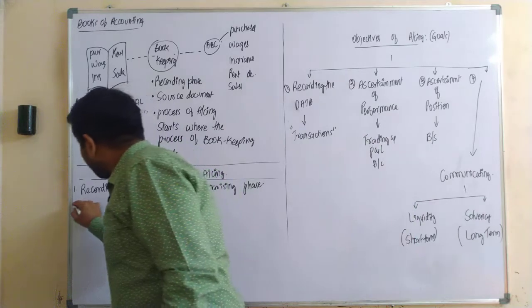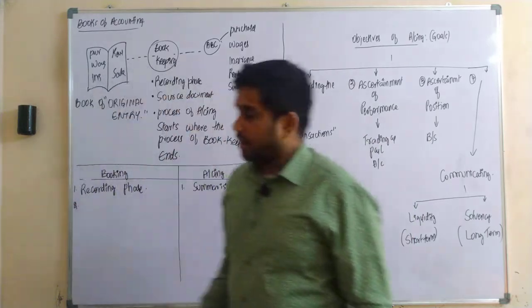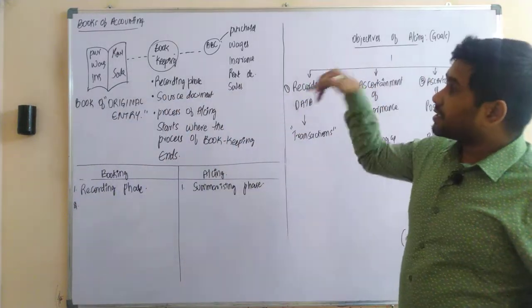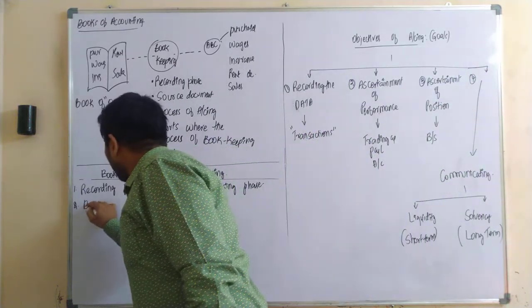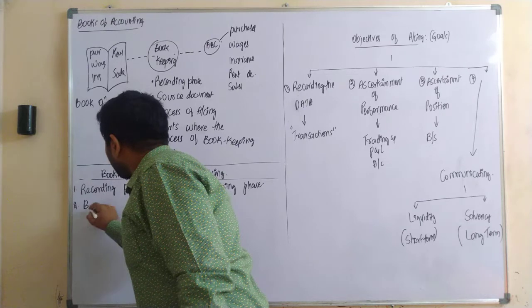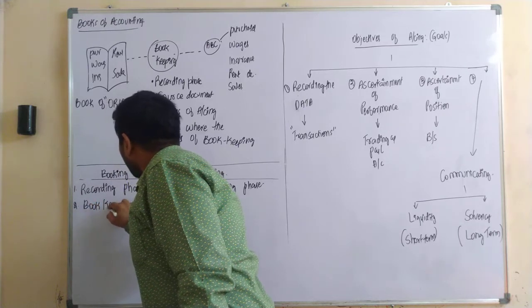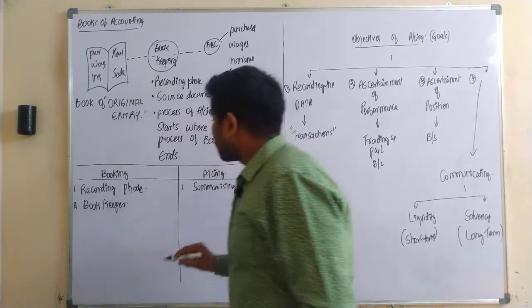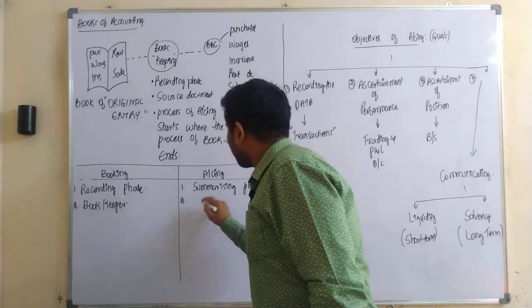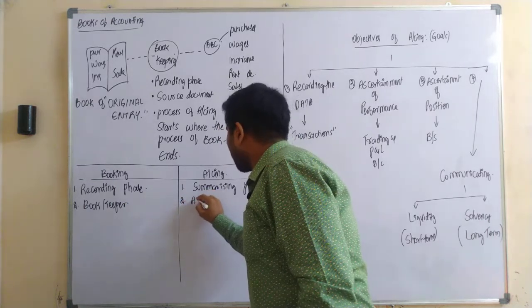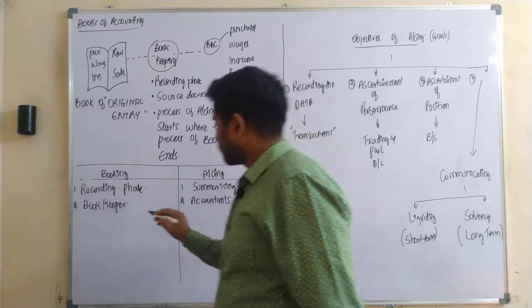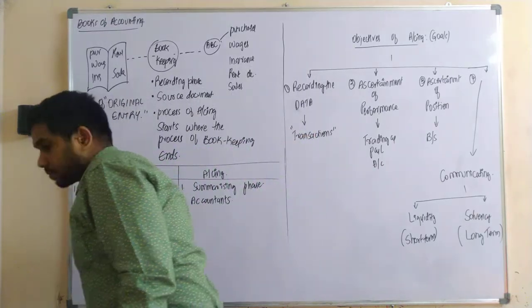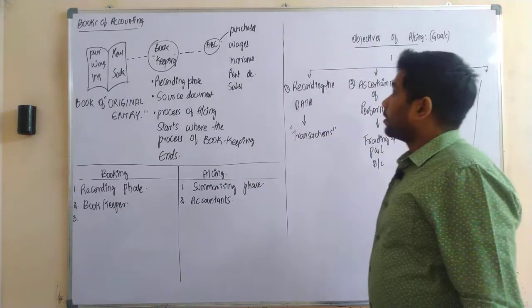Now, next one. The person who is responsible to record in the bookkeeping is called your bookkeeper. The persons who are responsible to record in the books of accounting are called accountants. Next one.